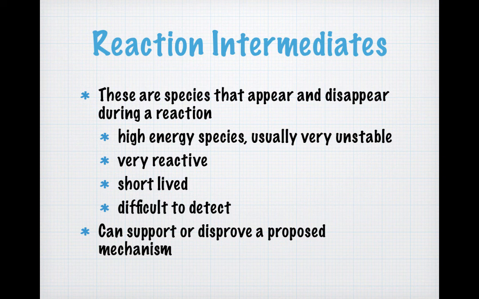So again, we saw that if your mechanism has a particular reaction intermediate in there, and you find that intermediate, that lends support to your mechanism. If you find a species during the course of a reaction that is not predicted by your mechanism, then your mechanism is no good and you need to start from square one.